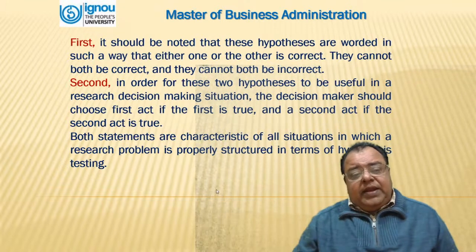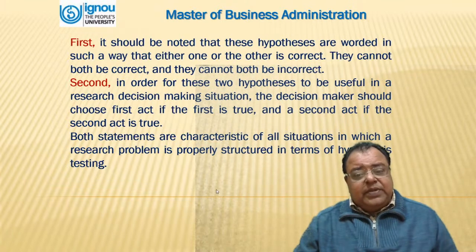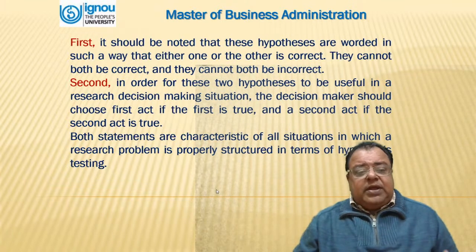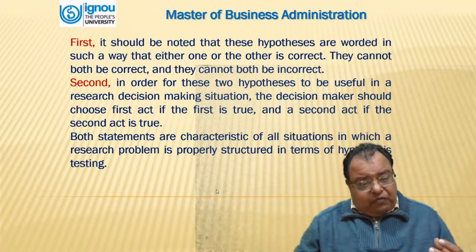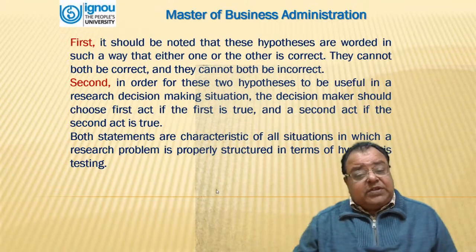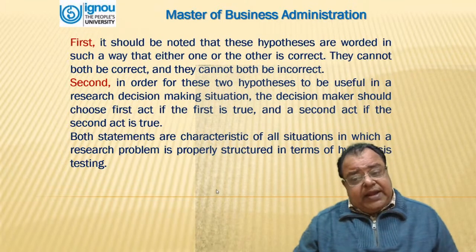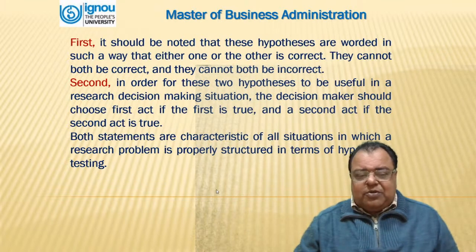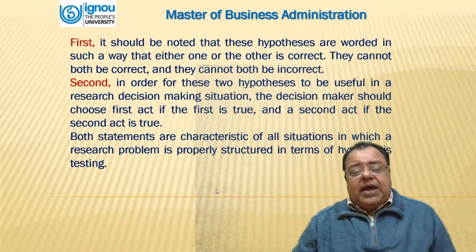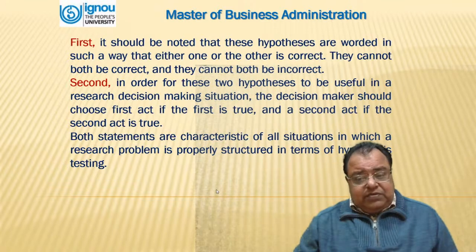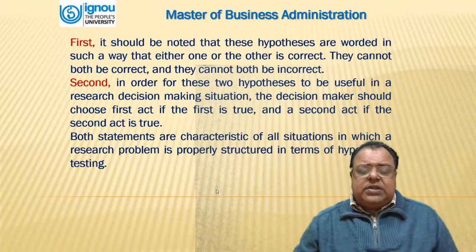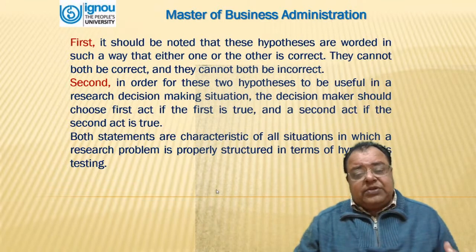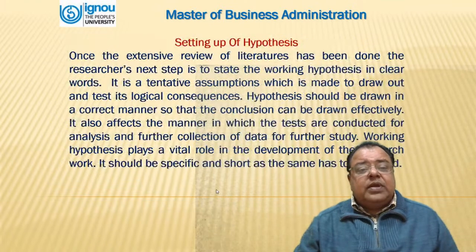Secondly, in order for these two hypotheses to be useful in a research decision making situation, the decision maker should choose the first act if the first is true, and the second act if the second is true. Both statements are characteristics of all situations in which a research problem is properly structured in terms of hypothesis testing.